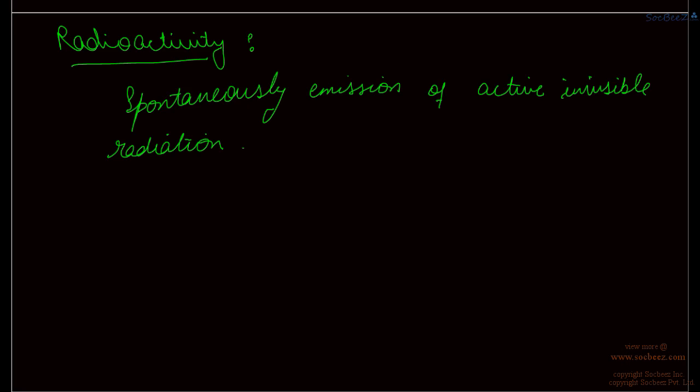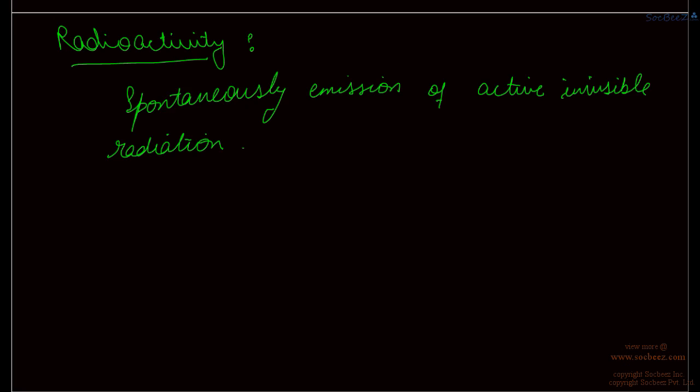Whatever element emits helium nuclei as part of a reaction, we say that element is undergoing alpha emission, and the rays given off by the element we call alpha rays. Their electric charge is 2 units positive, and their mass is 4 AMU, just the mass of a helium nucleus.